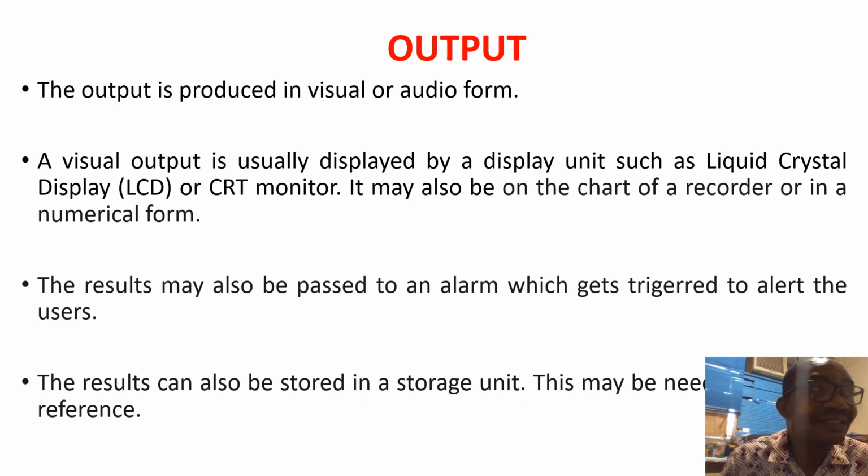When a signal has been processed from the detection of the measurand by the sensor or transducer, and the signal is conditioned by the signal conditioning unit, which involves filtering, amplification, signal isolation, and even linearization, the signal then moves to the microprocessor, which processes the signal.